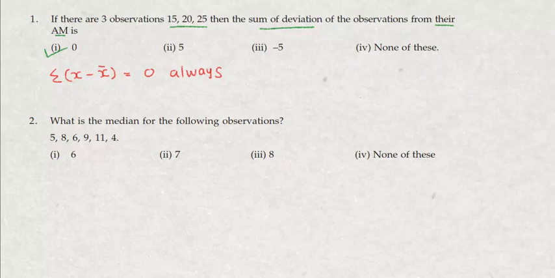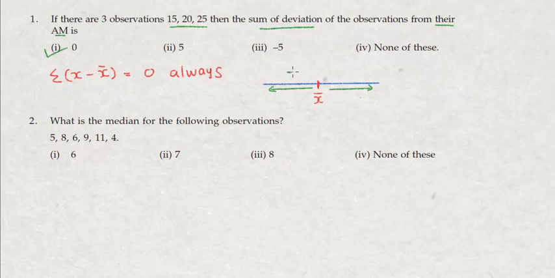This can be very easily understood here. Let me take an example. Suppose this is an observation line and our mean is here at the center of the data range. This is my mean. So now the distance to the left of it and the distance to the right of it, both are going to be the same.